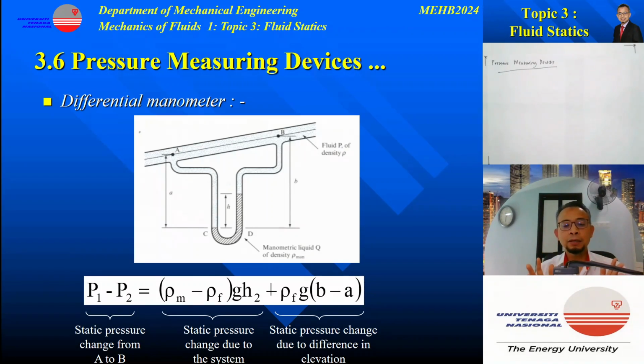This can be done by using a differential manometer, a simple device whereby we have a manometer and the two ends of the manometer are connected to two different points within a fluid system. So the manometer deflection will allow us to calculate the pressure difference between these 2 points within the fluid system.